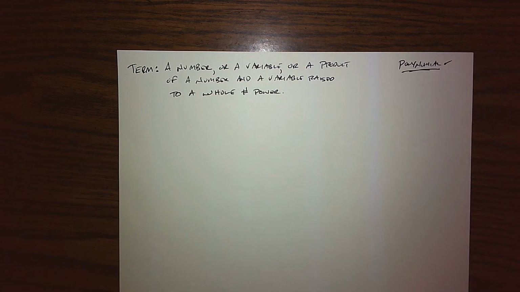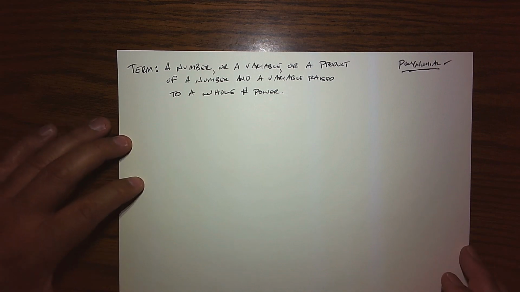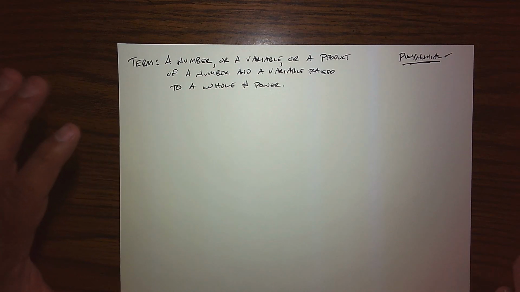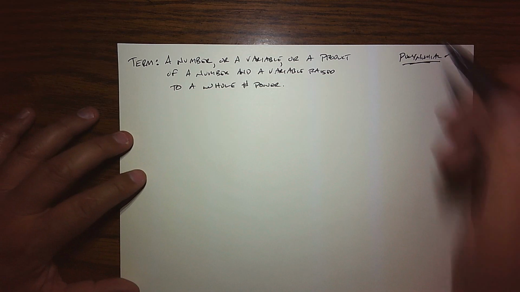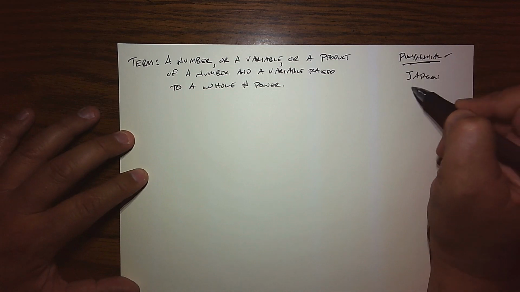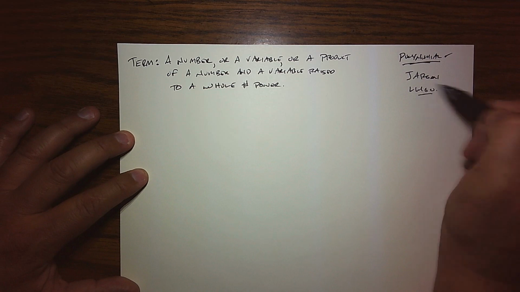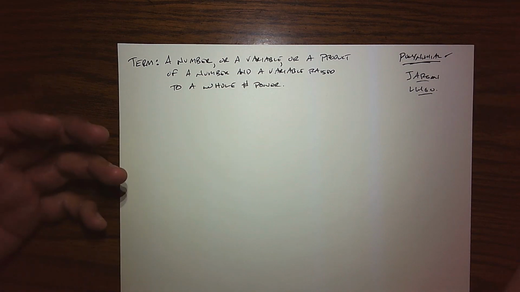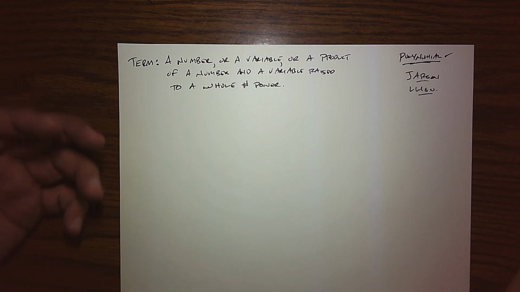So we're going to basically start learning some of the terminology that goes with the polynomial and then learn to do some operations with them. So it all starts with what I playfully call the jargon or the lingo. Jargon, again, or lingo, is language that goes with a certain topic. And if you've ever been in the military, you know there's all kinds of different lingo that if you're not in the military, you don't know what they're talking about.